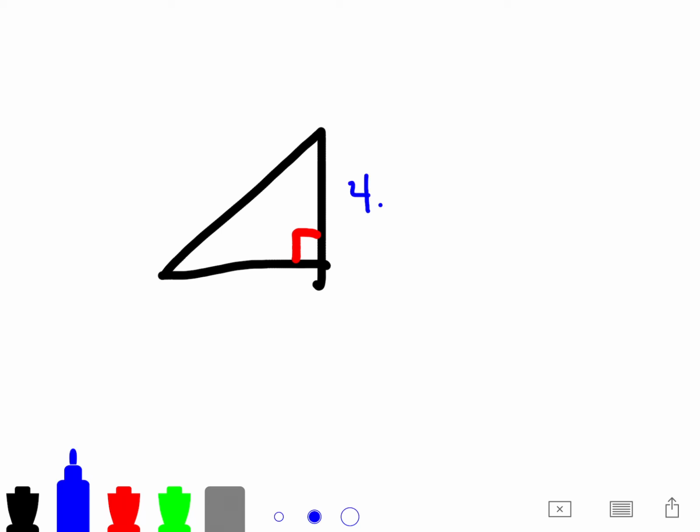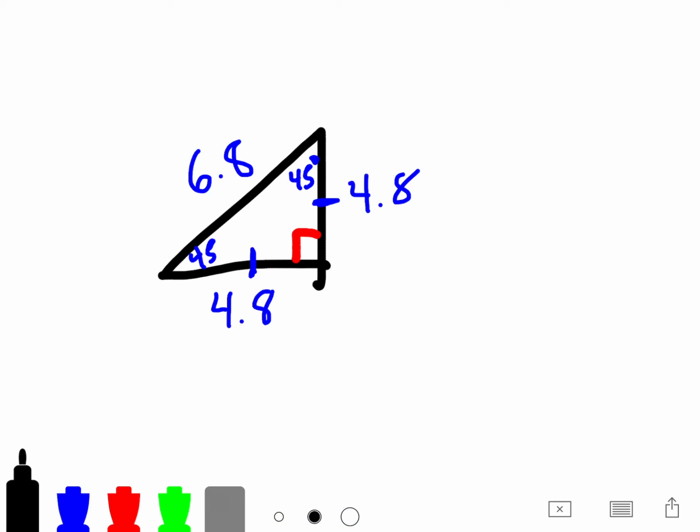They say this is 4.8, this is 4.8, this is 6.8, and this is 45 degrees, this is 45 degrees. Okay, since two sides are the same, what kind of triangle classification is that? Hopefully you said isosceles. Isosceles has two congruent sides. I promise I write better on a dry erase board.